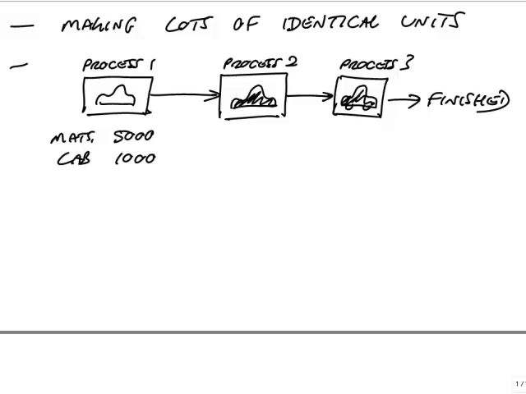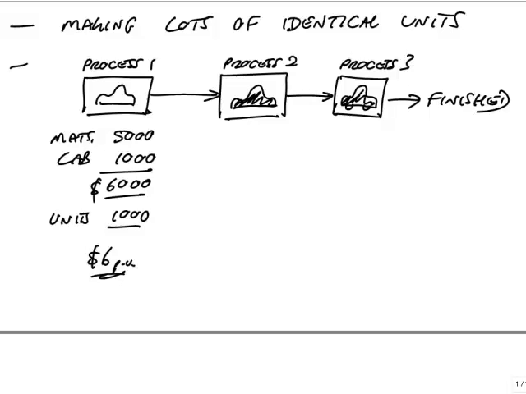But if that's how much I've spent in process 1, a total of 6,000, and we've produced 1,000 units, then I can say, every unit that's had the shape and nothing else, at that stage, I divide, and they're costing $6 each. Yep, just like I did a minute ago. And so, at the end of the month, if I have any cars that have only had the shape made, they'd be valued at $6.